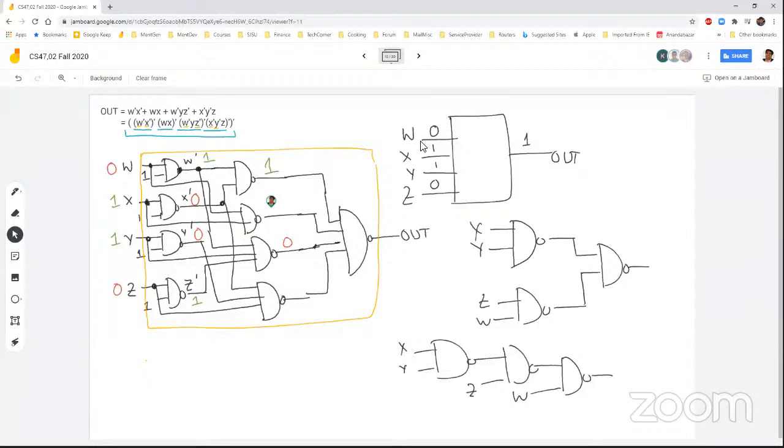This one, 0. And then for this guy, this is 0, 0, 0. This is 1. And your output is 1 in this case, which meets our expectation.